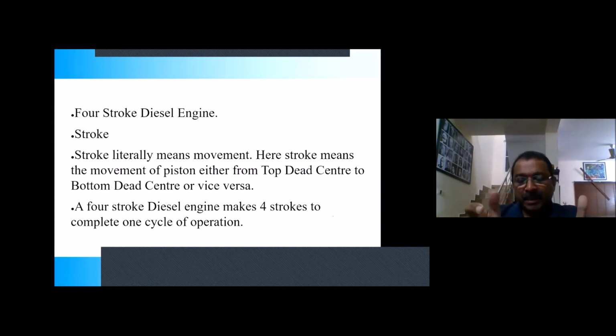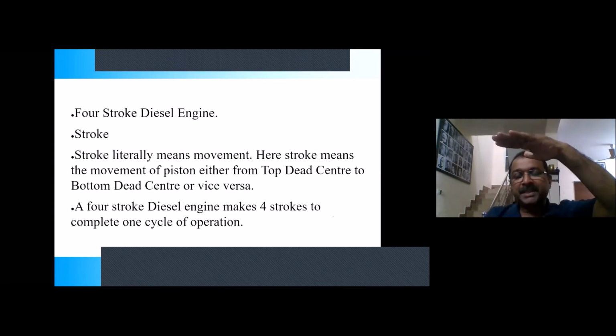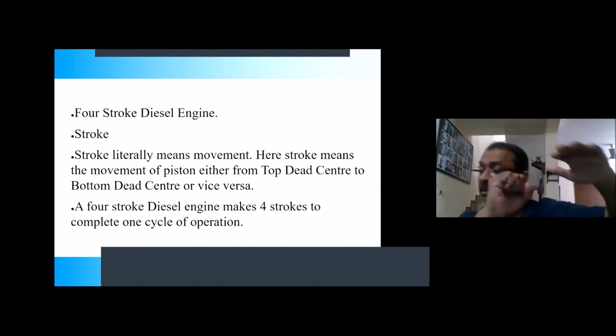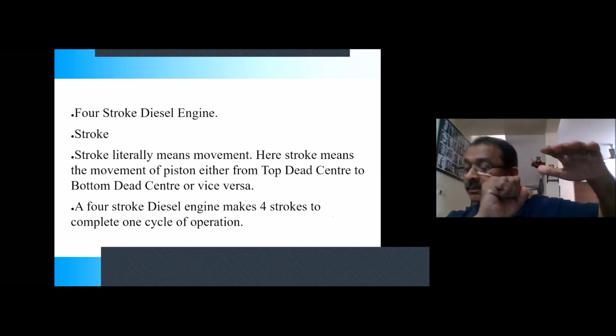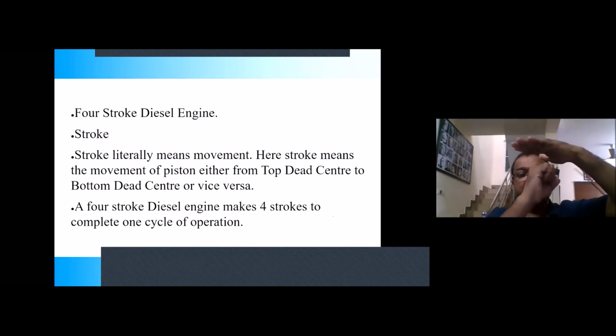So in a heat engine or a diesel engine, inside the cylinder, the piston is making to-and-fro movements. The piston is at the topmost position first in its normal position. Dead means it comes to an end there.